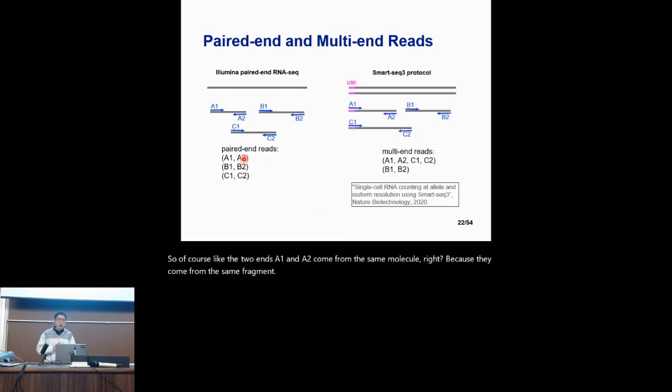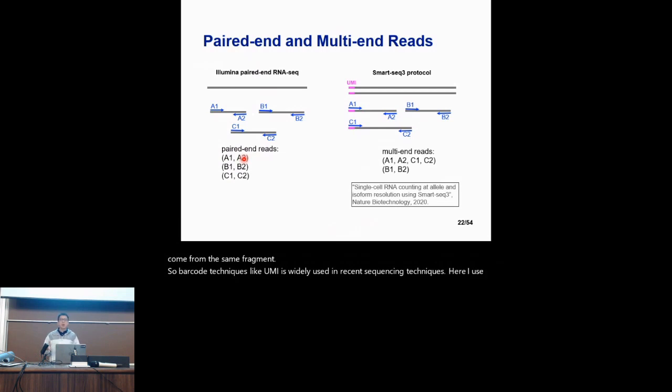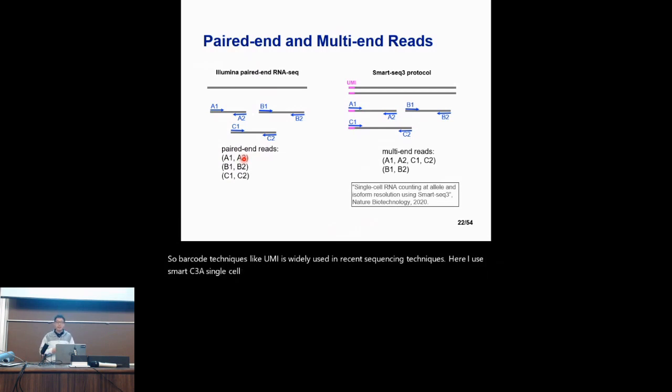Barcode techniques like UMI are widely used in recent sequencing techniques. Here I use Smart-seq3, a single-cell RNA-seq protocol, as the example. The same UMI labels the copies of the same molecule. Again, in this protocol, all those molecules will be fragmented and sequenced.